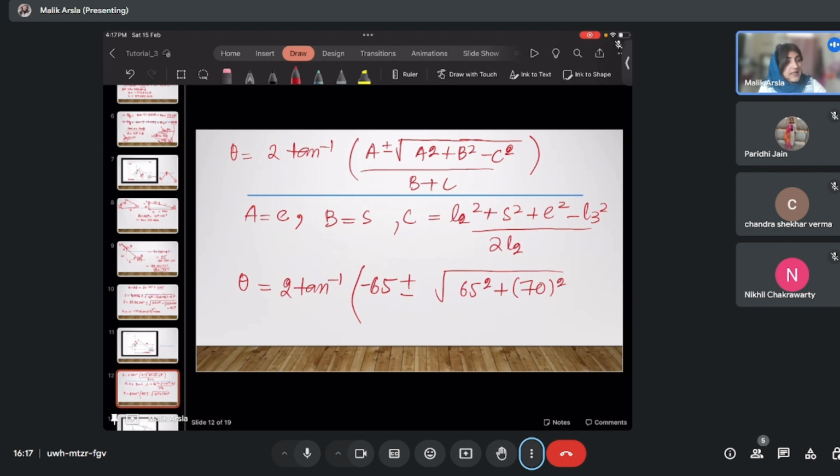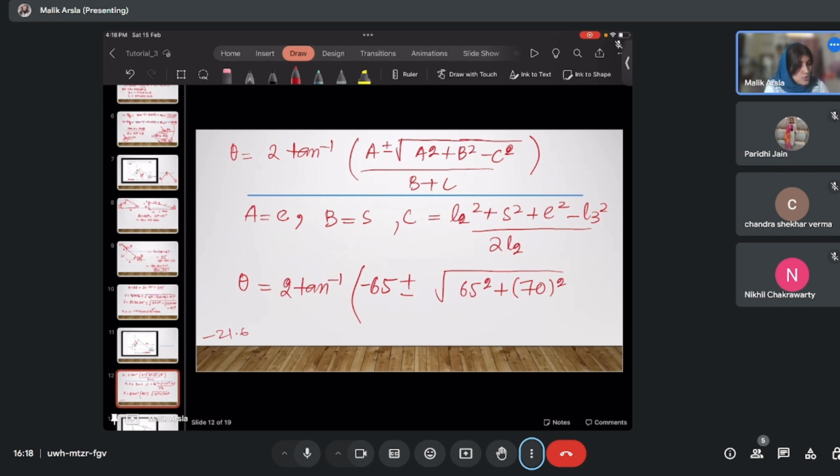Anybody calculated what is C? Anyone calculated the value of C individually? My value of C was coming minus 21.6. Minus 21.6. Let me check once.